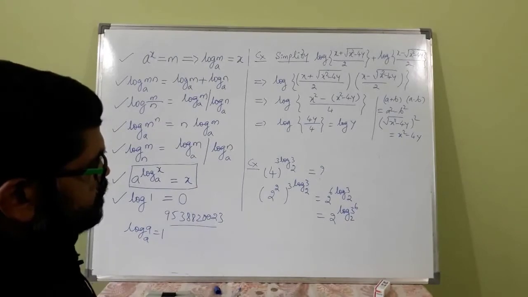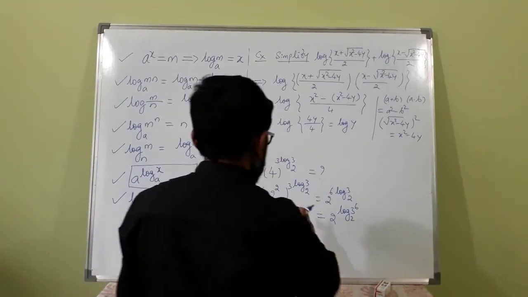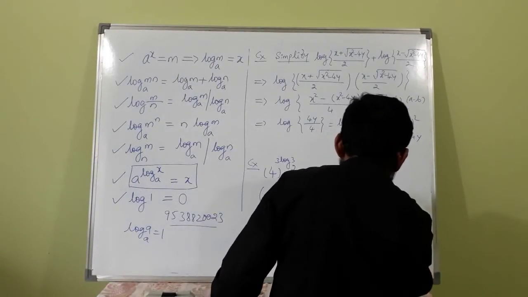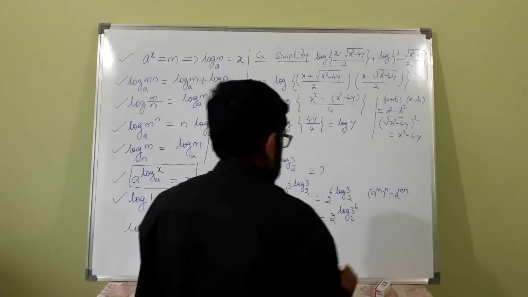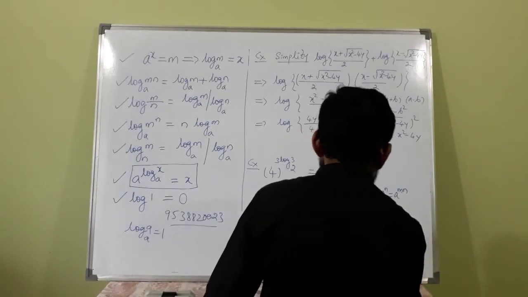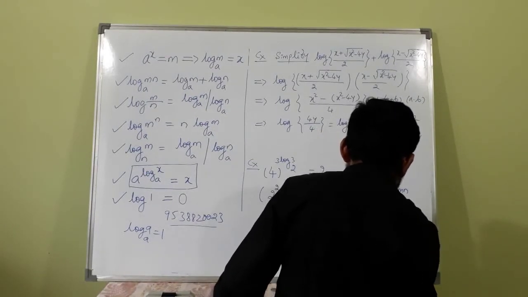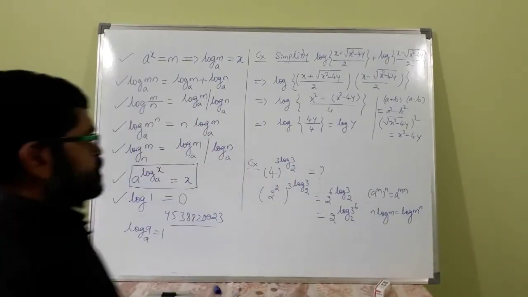Shall I write like this? Okay, because this is a raised to m raised to n is a raised to m into n, and this is due to n into log m is equal to log m raised to n.